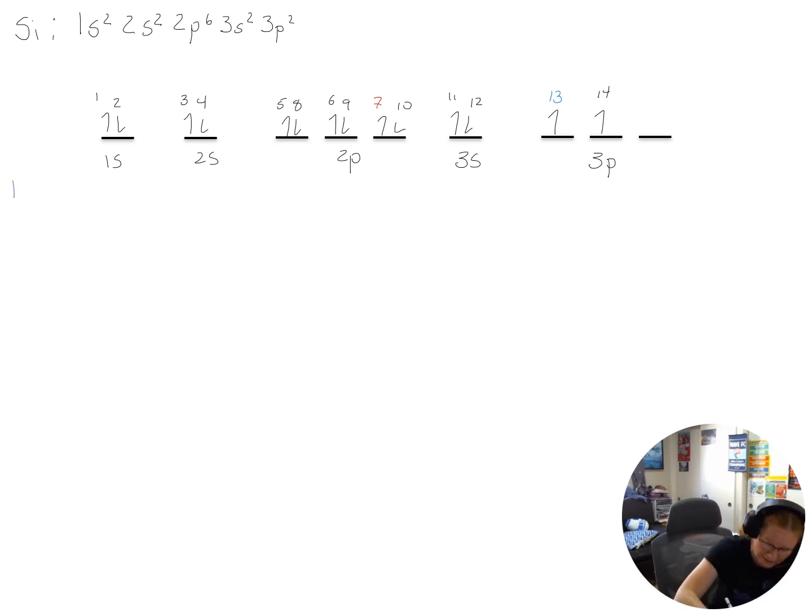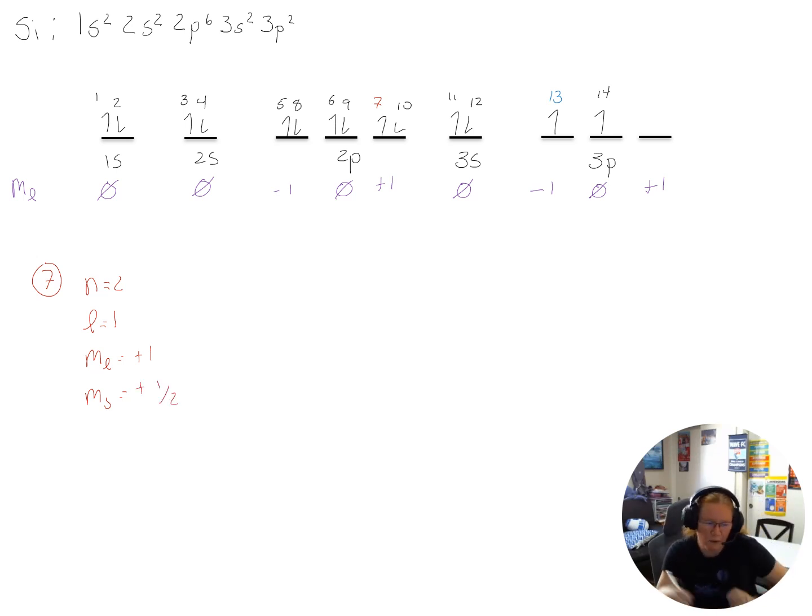First of all, we have to get our m sub L's in. So 7: we're going to get n equals 2, L equals 1, m sub L equals positive 1, m sub S equals positive 1/2.